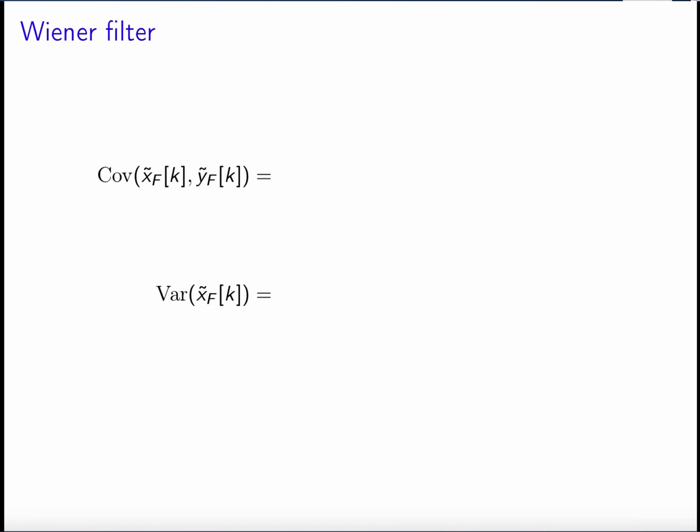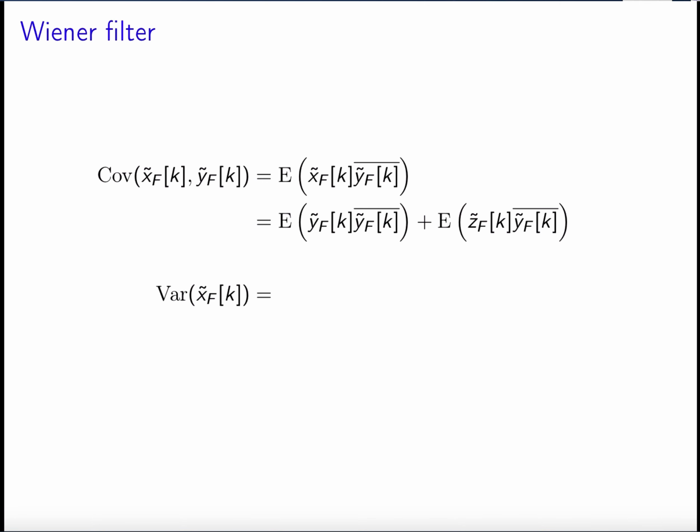So now to derive the Wiener filter, we need to compute the covariance between the DFT coefficients of the measurements and the DFT coefficients of the signal, and the variance of the DFT coefficients of the measurement. Okay, so what's the covariance of the DFT coefficients of the measurements and the signal? We remember that the measurements is the signal plus the noise, so this decouples by linearity of expectation.